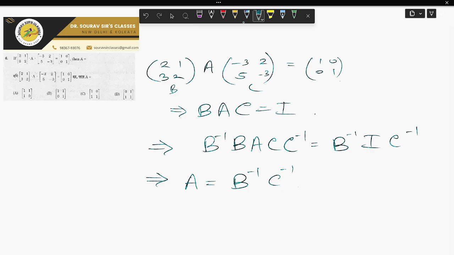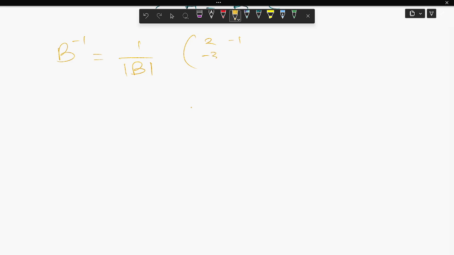Now we are going to compute our B inverse. B inverse is equal to 1 by det B into this matrix [2 -1; -3 2]. Our det B is 2 into 2 minus 1 into 3, so that will be 4 minus 3, which is 1.